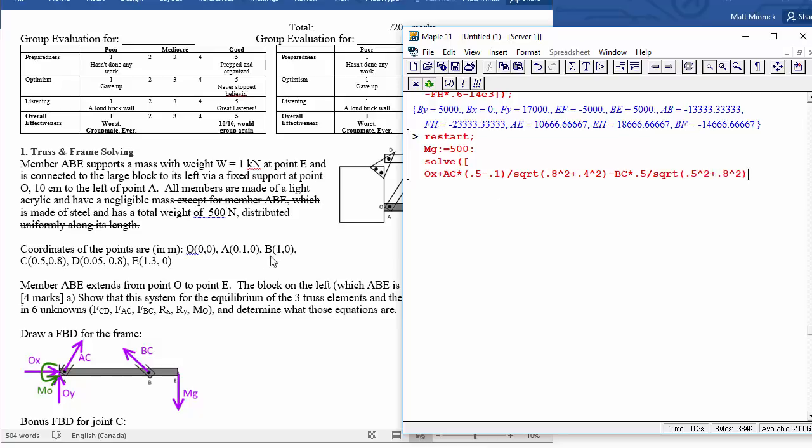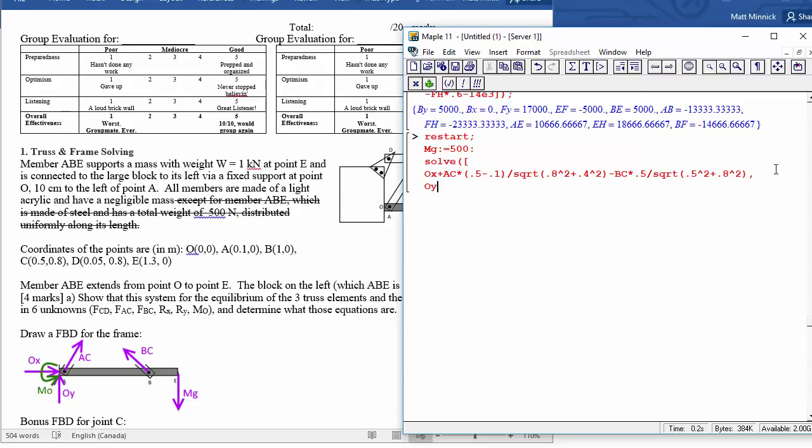So what I'm doing is I'm looking at the difference between point B and point C, how much rise we have, which is 0.8, and that's the y component of that, squared, kind of breaking it up into its x and y components by taking the x part and then dividing by the hypotenuse. So that's how you get the x component.